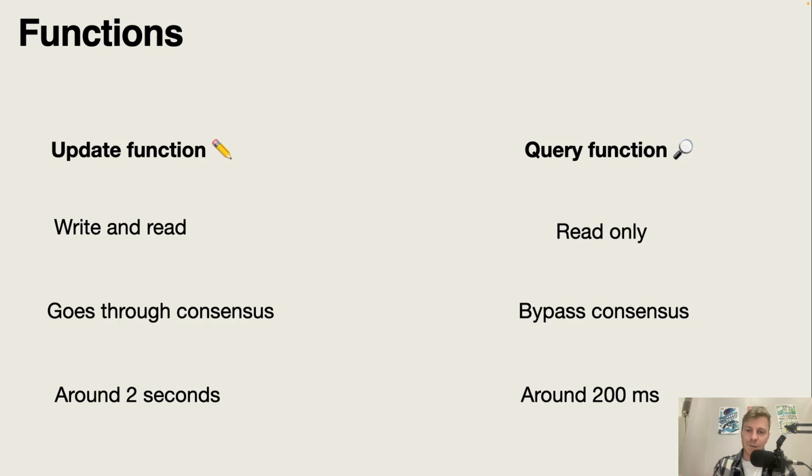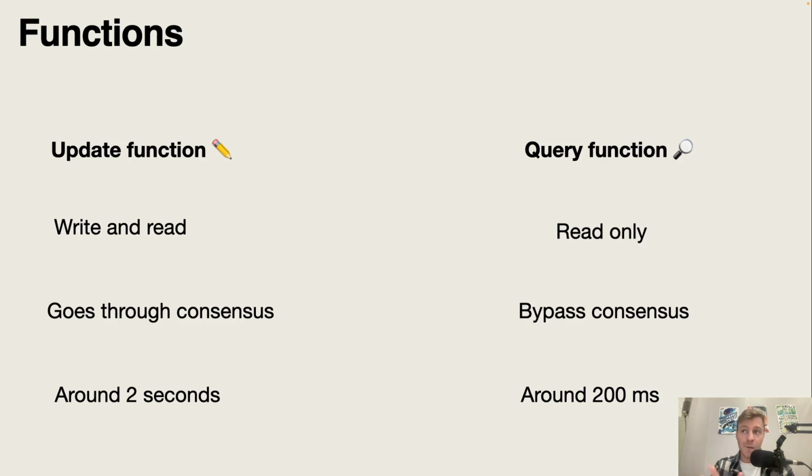So if you use an update function, you need to go through consensus so that all the nodes, all the computers that make up the network, come to an agreement on the state of the call. Queries are different because they don't need consensus, since we are not modifying the state, we are just reading. That's why queries are very fast, around 200 milliseconds. Updates take a bit more time, usually around 2 to 3 seconds.